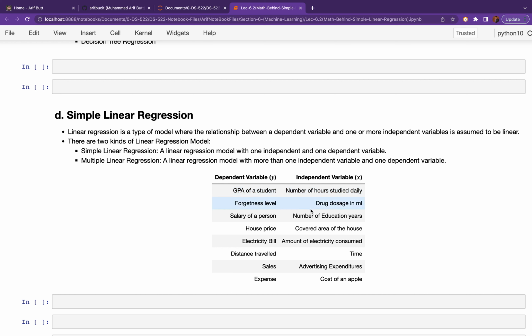This table shows some examples, like the price of a house is dependent on the covered area of the house, and similarly the sales of a company is dependent on their advertising expenditures. Here the house price and sales are dependent variables, while the covered area of the house and advertising expenditures are independent variables.